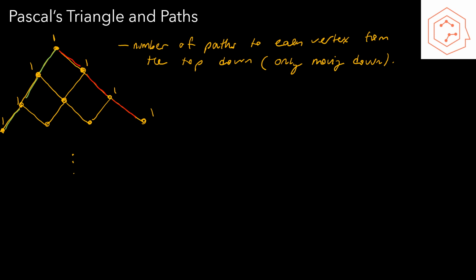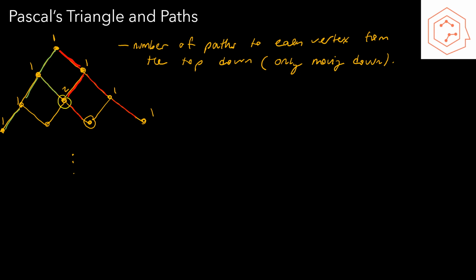Now this middle node over here, we have two ways to get to it. We can go to the right side and then come downwards, or go to the left side, then come downwards. So we have two ways to get to it. For this second row node, we can go to the right, then come down, and get to it this way.